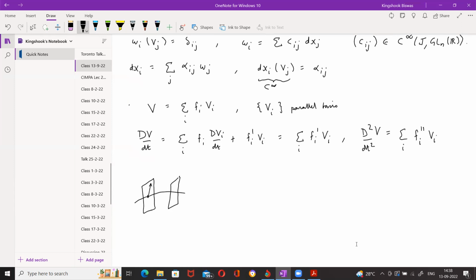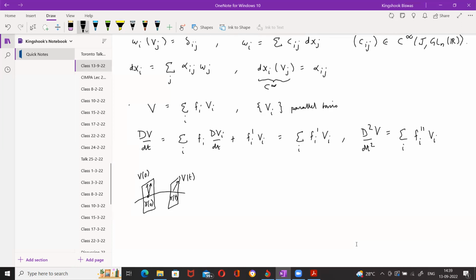How do we do that? Suppose I take a vector field V, and this is V_0, and say this is V_t. Now I have this parallel transport isomorphism, right? So this is say gamma 0 and this is gamma t. So I can use the parallel transport isomorphism.